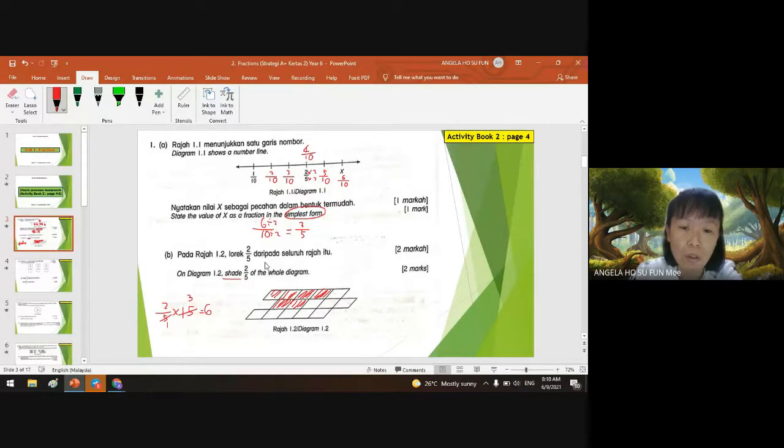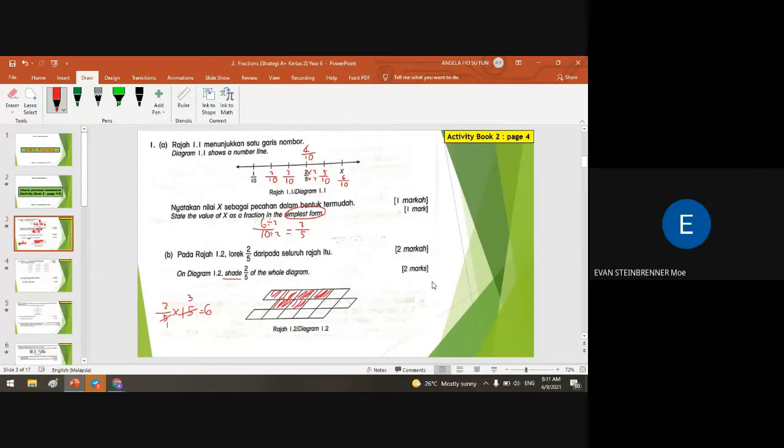There are 2 marks here. If you have calculated correctly, maybe you get 1 mark. But if you don't shade the diagram, you only get 1 mark. You don't get the full mark. So you have to shade the diagram to get the 2 marks altogether. Any question for question number 1? No. Okay, understand?